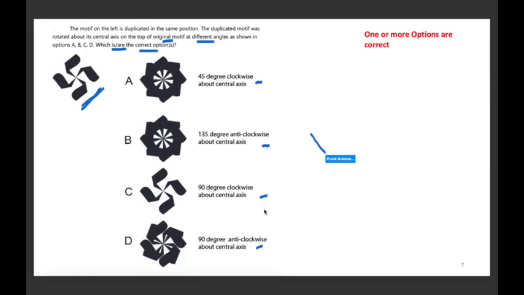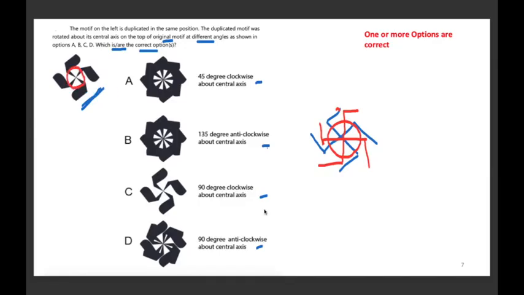Okay, the motif actually looks something like this. Like how we are shown here. In option A, 45-degree clockwise rotation is happening. When this rotates 45-degree clockwise, on top of it, this part will come like this, and this part will come like this. In this case, because the edges are thick, the part which is going inside the circle will have some kind of black and white lines because the lines are thinner here.